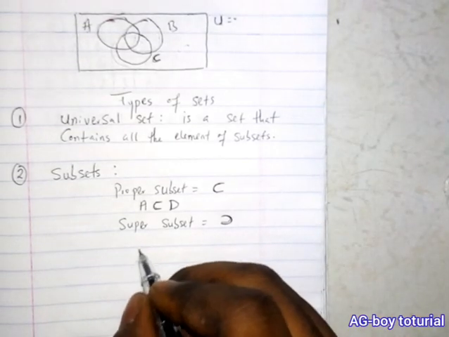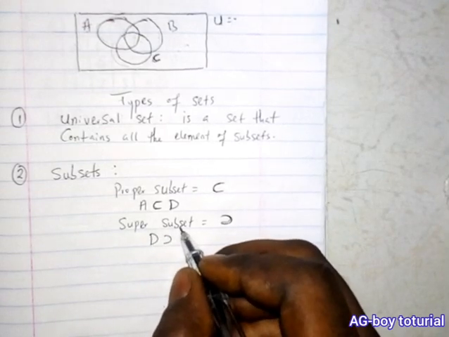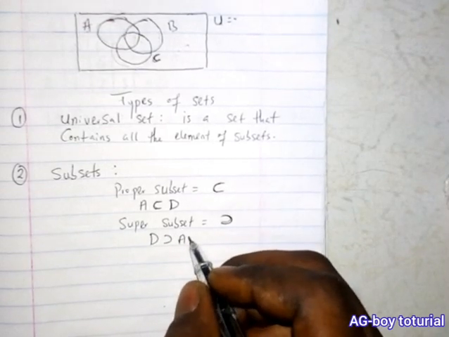So we are going to say D is a superset of A.